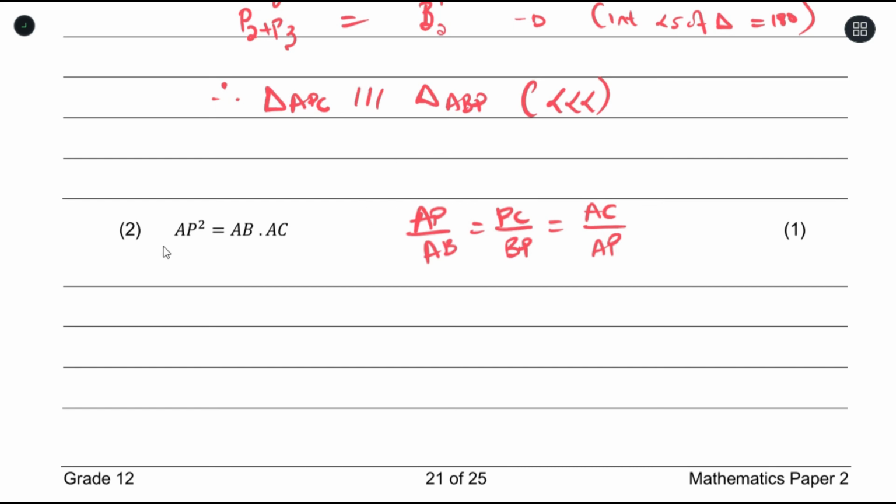Okay, so whenever you have a question that you have AP squared, it literally means that the numerator has to be AP and the denominator has to be AP so that they'll cross multiply to give you AP squared. And that tells me that it's actually going to be this 2 here. Because I see that that's AP and AP. When they multiply, they give you AP squared. So that's definitely what you want. So cross multiplication there will be AP squared is equals to AB times AC, which is exactly what this guy wanted over here.